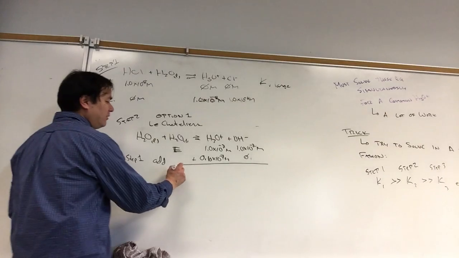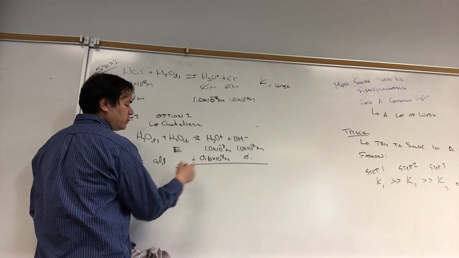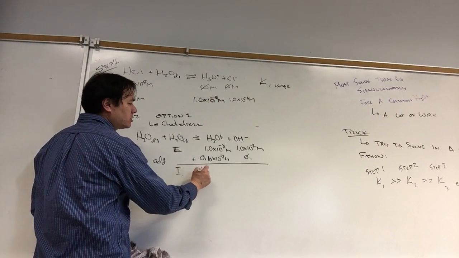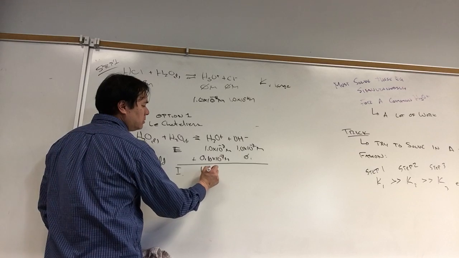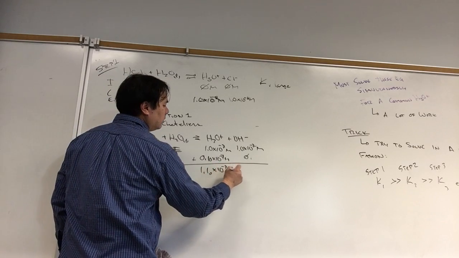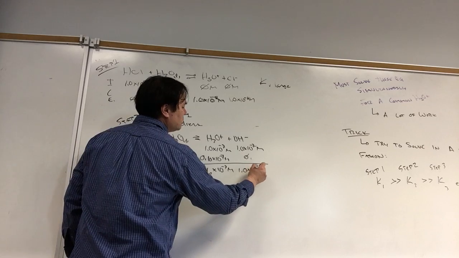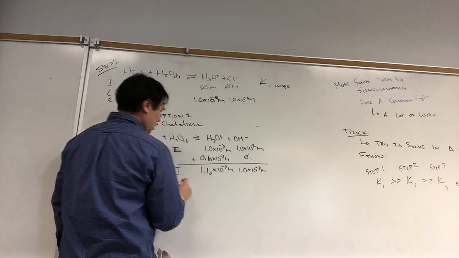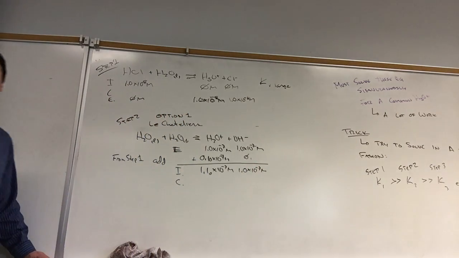And so what we have is it's no longer going to be at equilibrium, so I'm just going to call it my new initial condition. This is going to be 1.10 times 10 to the minus 7 molar, 1.0 times 10 to the minus 7 molar. We already know which way this is going to shift. Le Chatelier's principle says it's going to shift to the left, right?